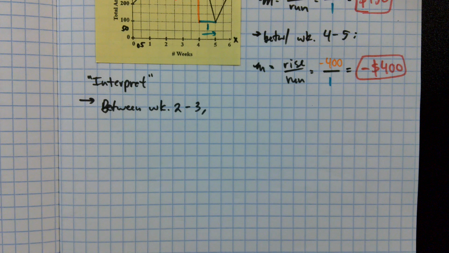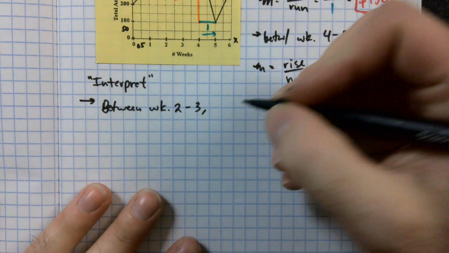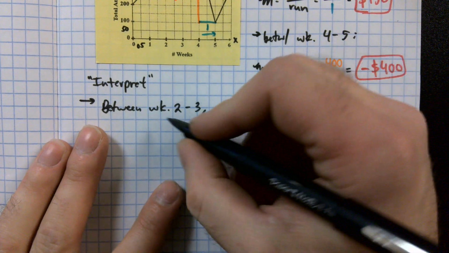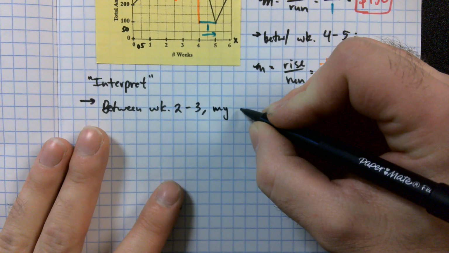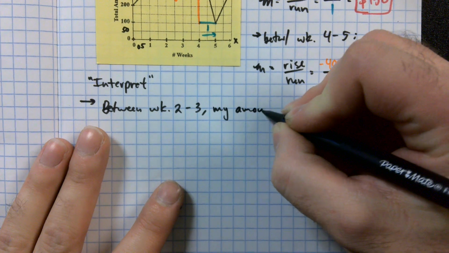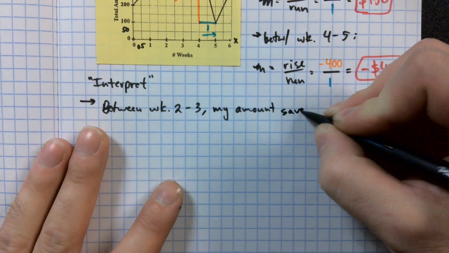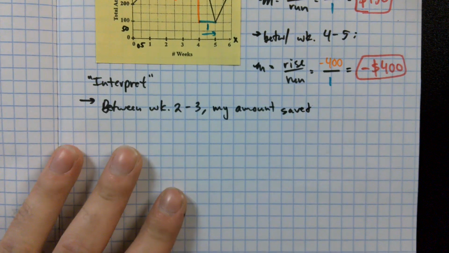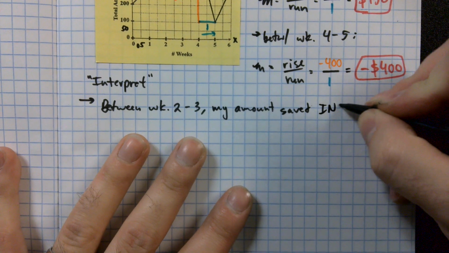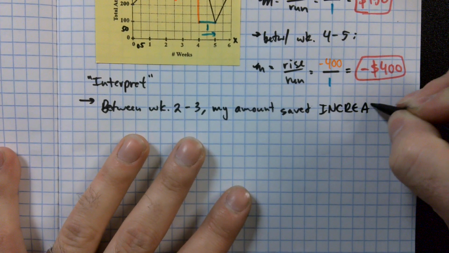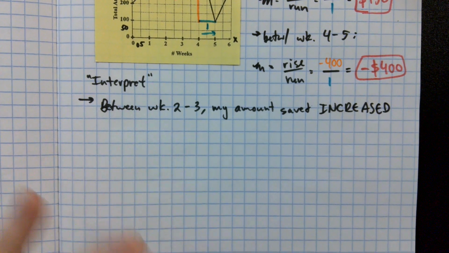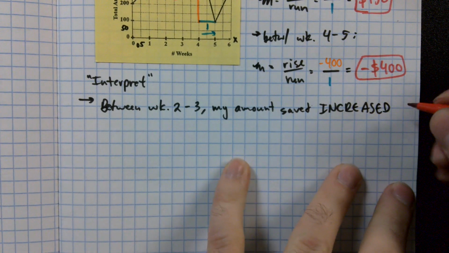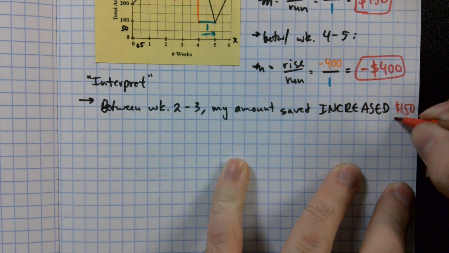The money in his or her bank account increased by $150. Perfect. Between weeks 2 and 3, my amount saved increased $150.